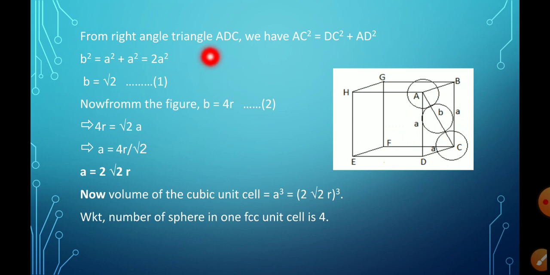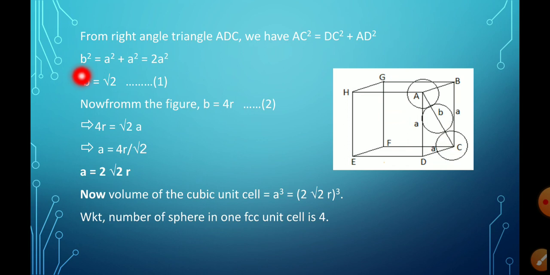I consider ADC. In right angle triangle ADC, what is b? b is the face diagonal AC. According to Pythagoras theorem, AC square is equal to DC square plus AD square. What is AC? According to the diagram, it is b, the length of the face diagonal.